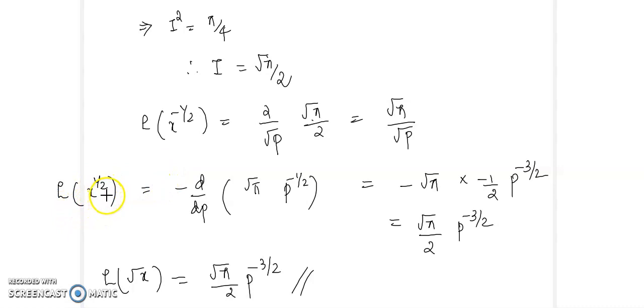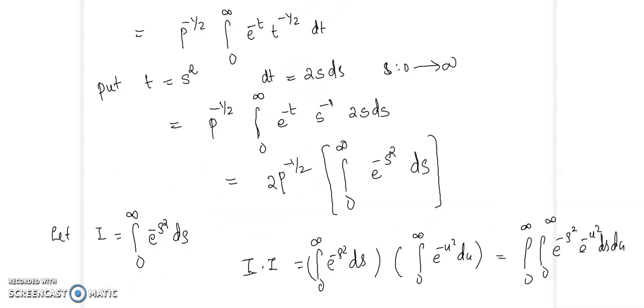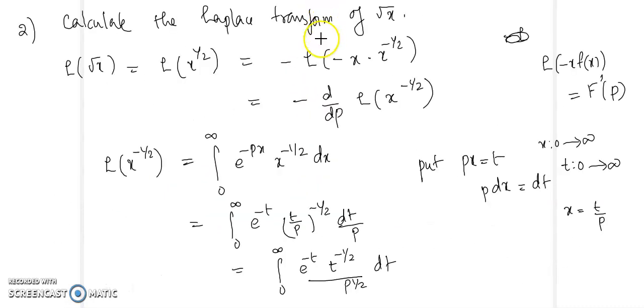So L of x raised to 1 by 2, that will be minus d by dp of this, we have done previously. L of x raised to 1 by 2 is minus d by dp of L of x raised to minus 1 by 2. So this is known.